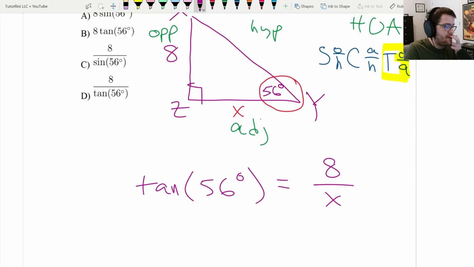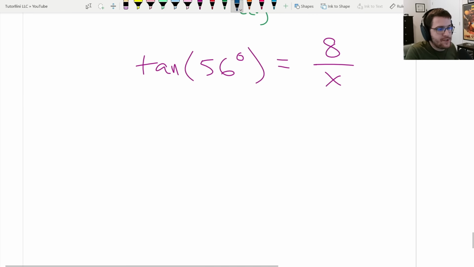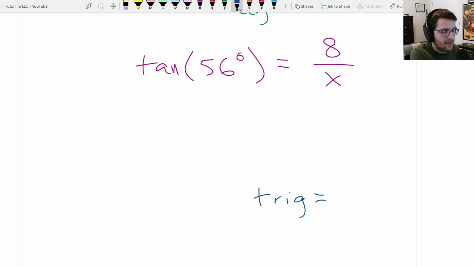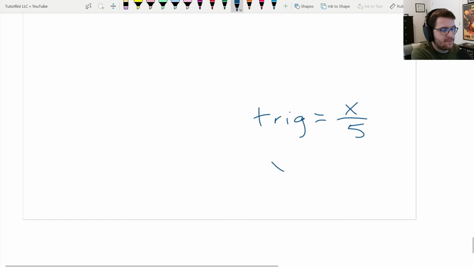Now when we get to this point, there's really two ways this is going to shake out every time you're solving a missing side. You could have the trig is equal to a number over 5, say, x over 5. All you do is multiply both sides by 5. So that would be x equals 5 times whatever the trig is.